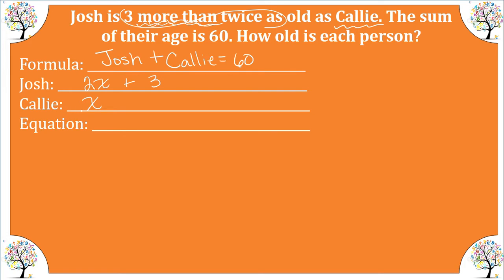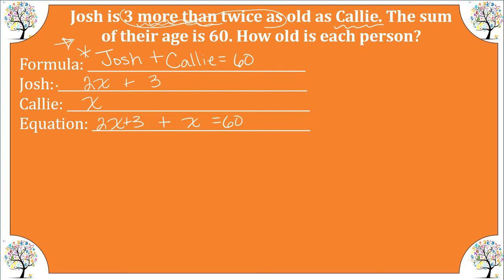So now we have a representation for Josh and a representation for Callie. We're going to put this into our formula to create our equation. Josh is 2x plus 3, so we substitute Josh with his expression. That's Josh plus Callie, which we're using as x, equals 60. So we established our formula, what's going on in the situation.